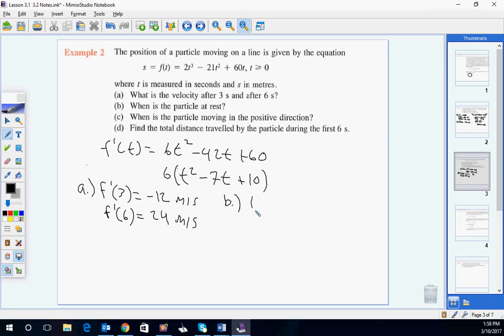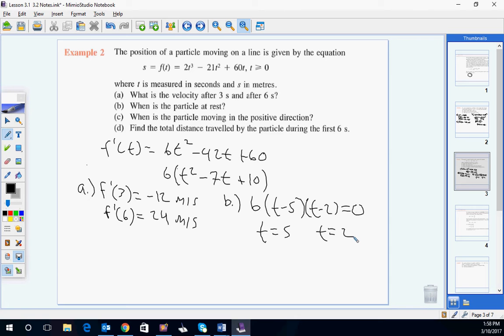Negative 5 and 2. Good. That means at 5 seconds and at 2 seconds. See, you knew you wanted to use your Math 20 stuff. So at 5 seconds and 2 seconds, it's at rest, which means it's switching direction.